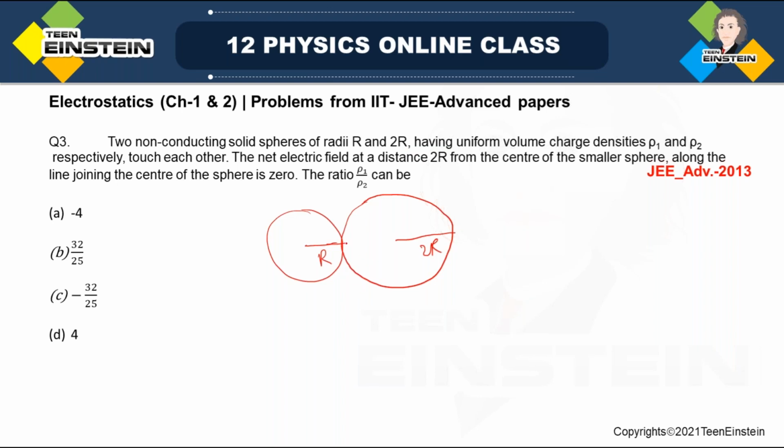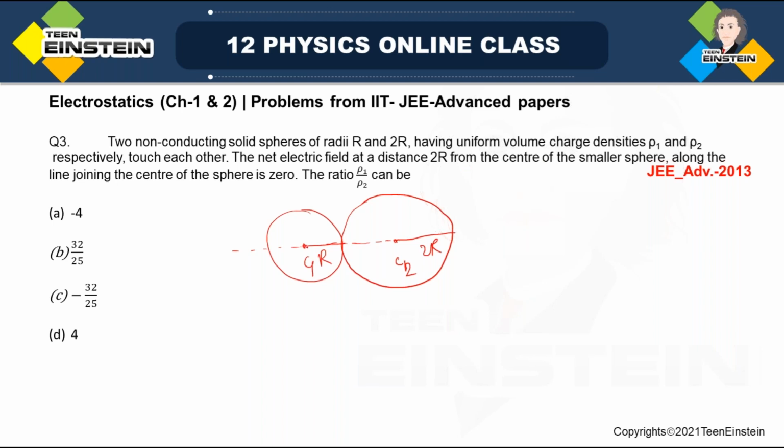They are in touch, and if I join the centers, this is C2 and this is C1, say, then the net electric field at a distance 2r from the center of the smaller sphere, the center C1.